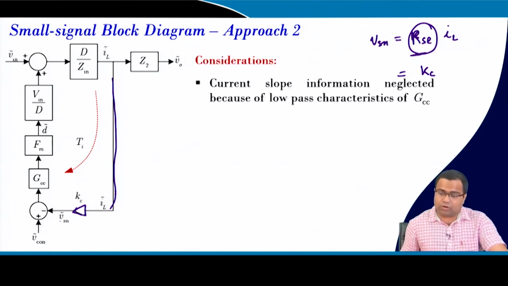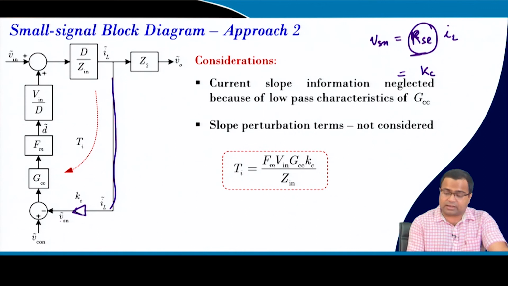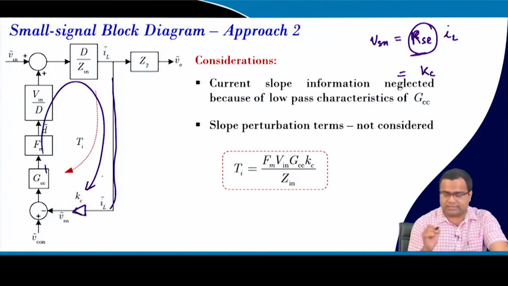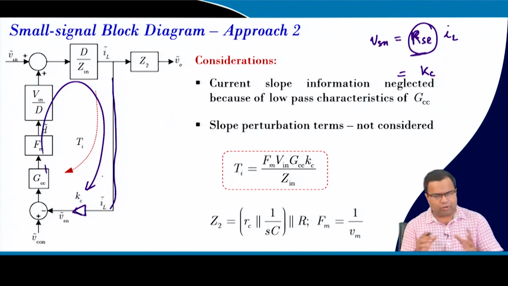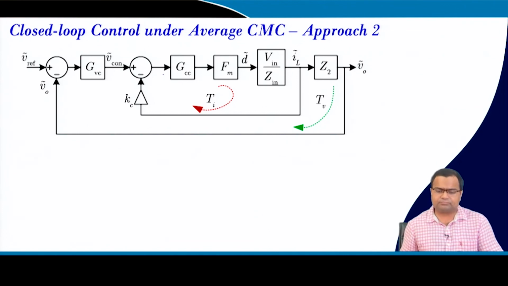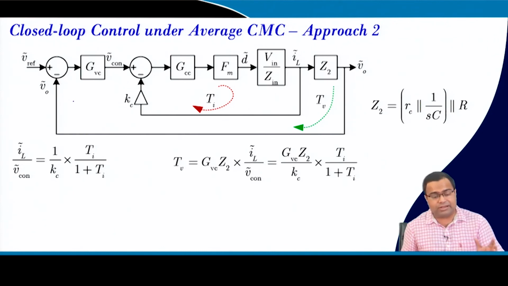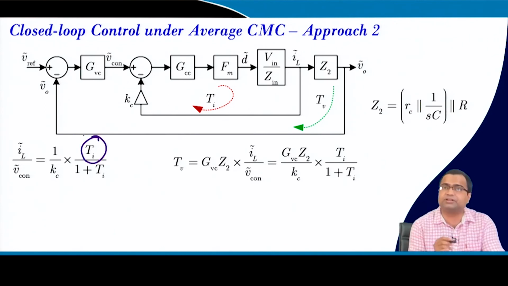In this case we can also derive the current loop transfer function by multiplying all the products in this path, and we can obtain this Z2 from here, V in, and we can also consider this 2 loop control structure. This is my inner loop, this is my outer loop, and we have already derived this current loop transfer function.